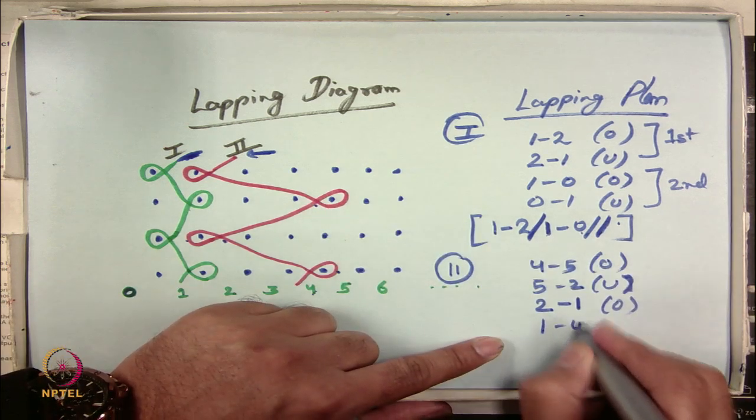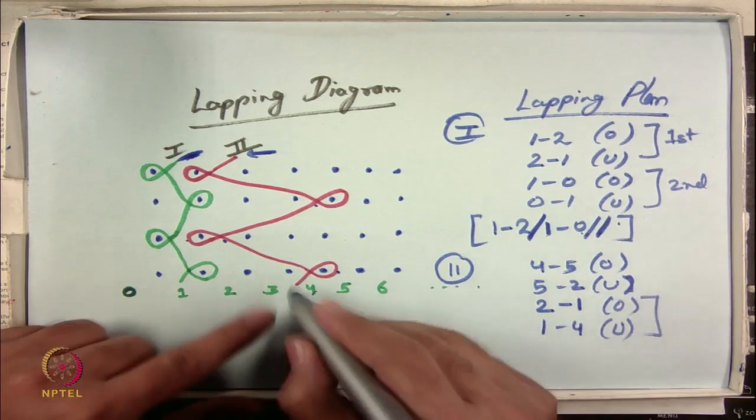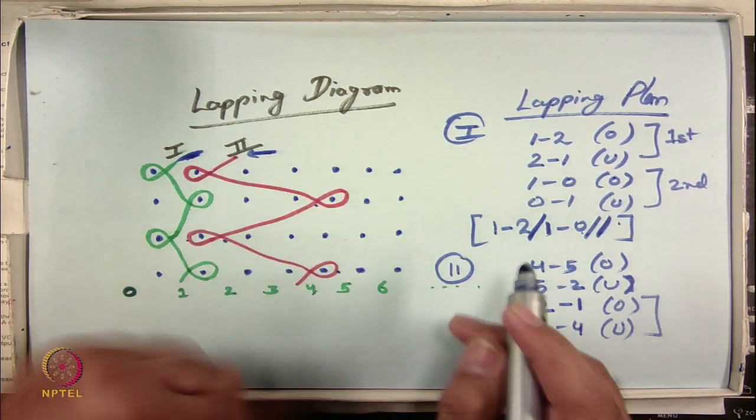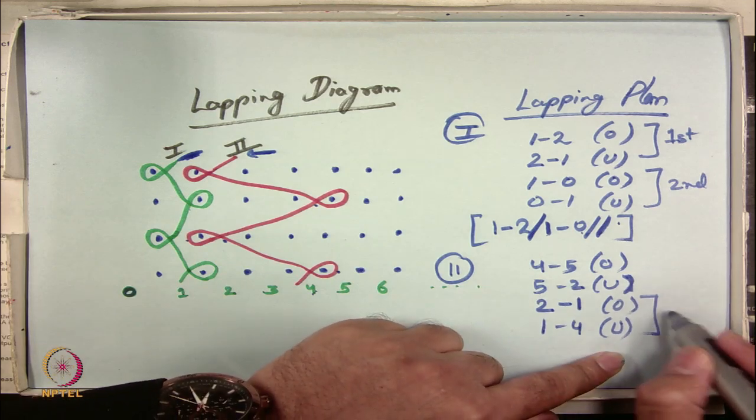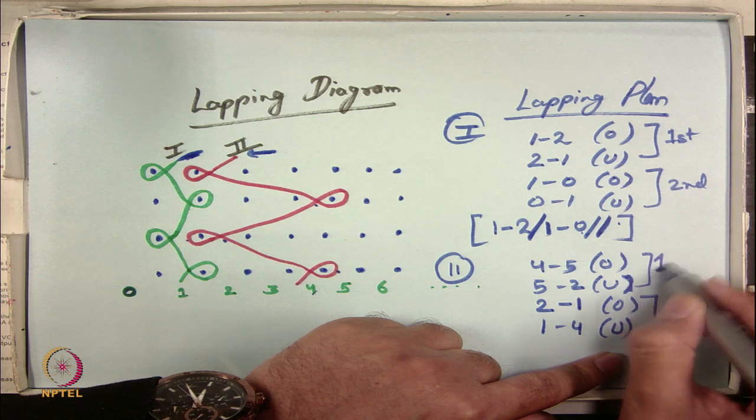So, 1 to 4 underlap. Again, this guide bar lapping plan is also repeating for 2 courses. So, this is for the second course and this is for the first course.